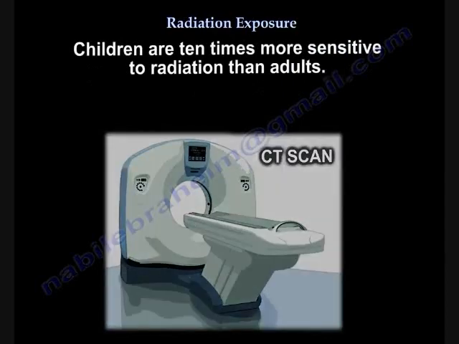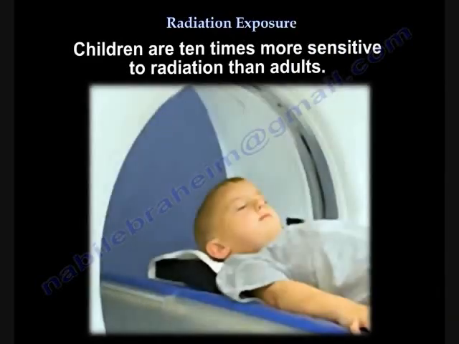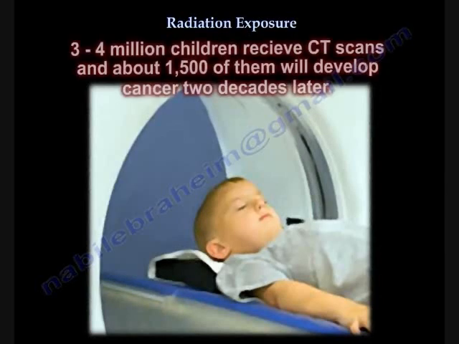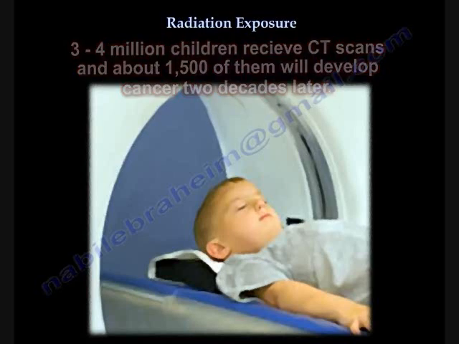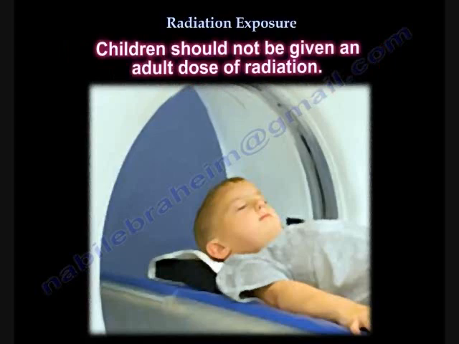Children are 10 times more sensitive to radiation than adults. 3 to 4 million children receive CT scans and about 1,500 of them will develop cancer 2 decades later. Children should not be given an adult dose of radiation.